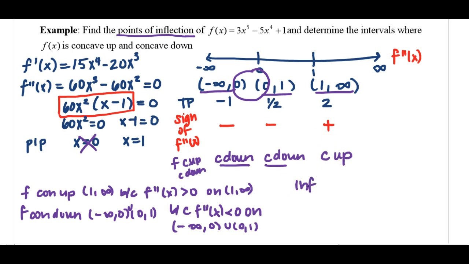So my inflection point is 1, f of 1. But I can actually find f of 1 by plugging 1 into this original function. So I'm going to get, if I plug in a 1 here, 3 minus 5 plus 1. So I'll get -2 plus 1, so I'll get -1. So my inflection point is (1, -1).